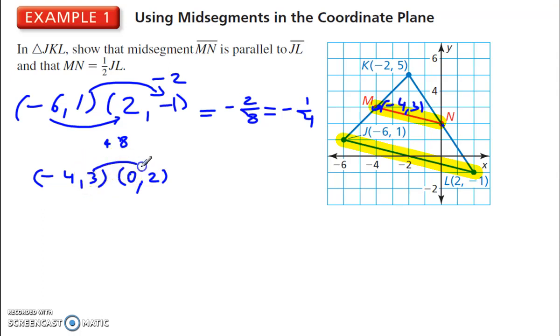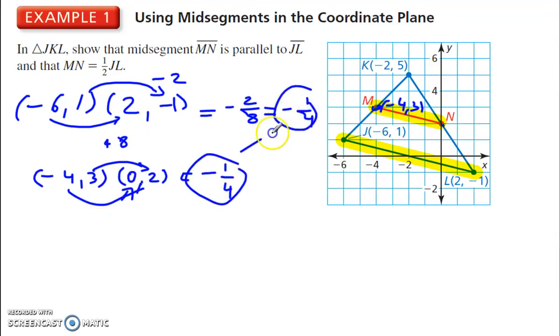From 3 to 2, we go down 1, -1. From -4 to 0, we go up 4. So we have equal slopes, therefore parallel. MN is parallel to JL.